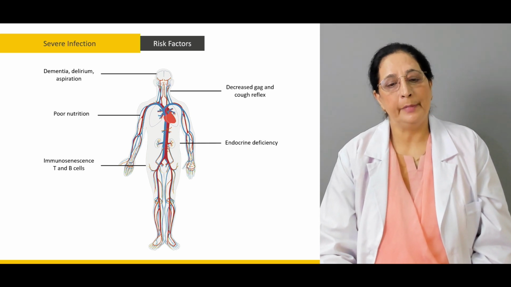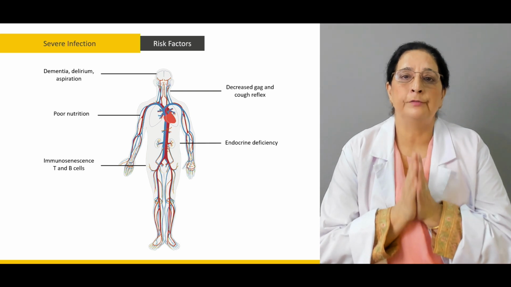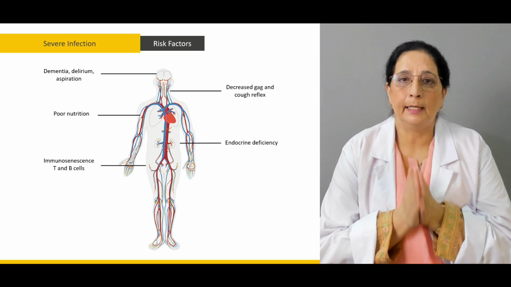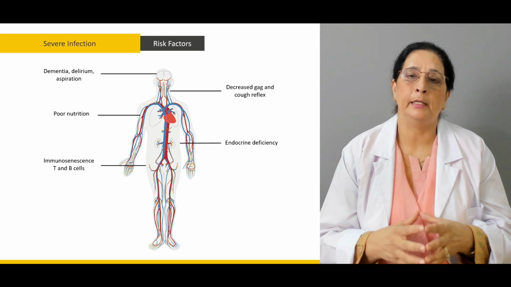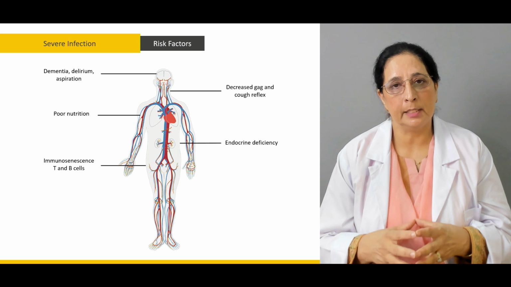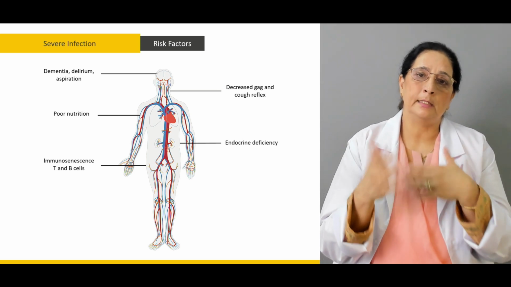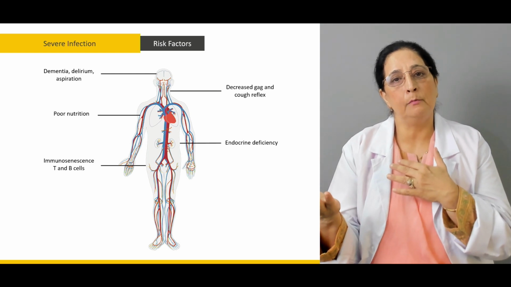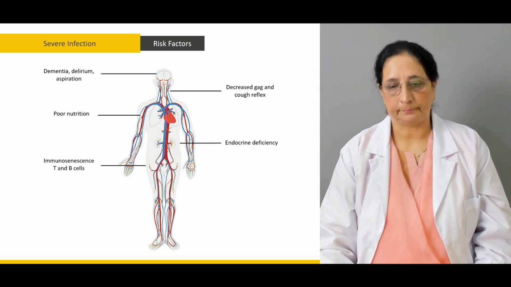Immunosenescence of T and B cells: these are very effective cells of the immune system, and usually their function decreases with age, and then there is again more chance to develop severe infection.